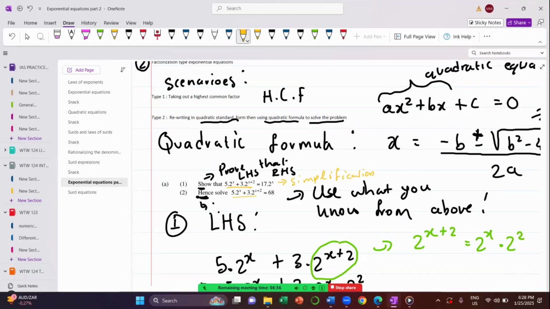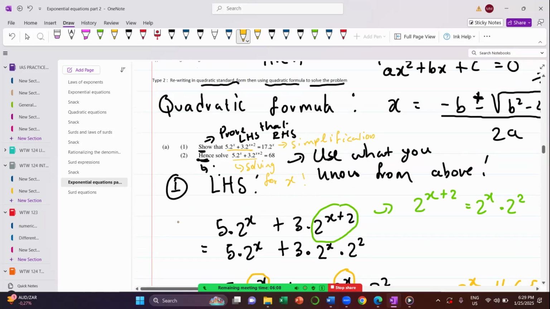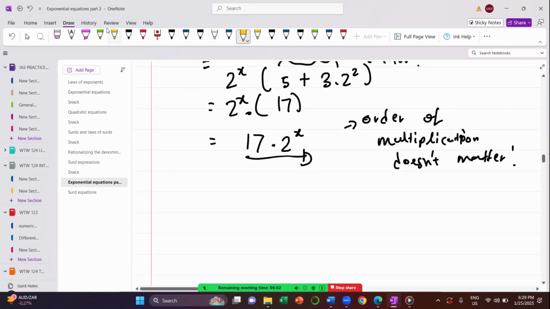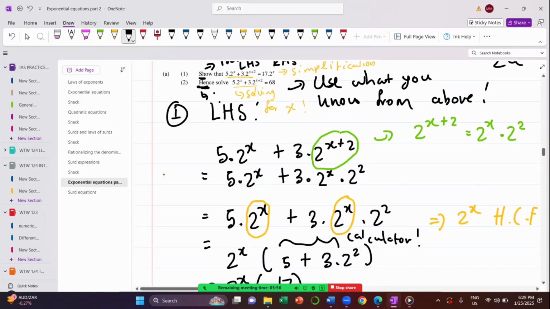But here, because I have variables on the left and a value on the right, I'm solving for x. Are we okay? Yes, sir. And they say I must use what I know from above to solve what is below. So the new problem is saying I have a 5.